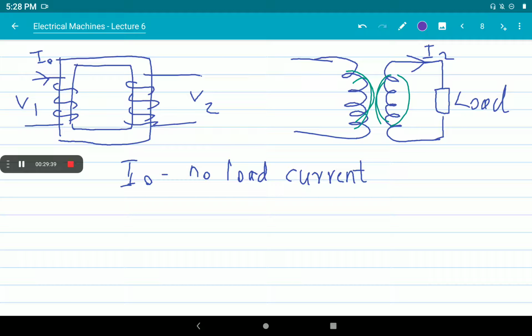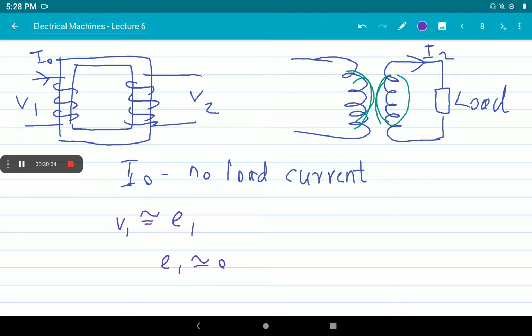We know that V1 is the terminal voltage given to the primary winding. It is approximately equal to the induced EMF E1. Now if the flux collapses, what happens? E1 will be almost equal to 0. If the secondary MMF tries to collapse the original primary flux, E1 becomes 0.